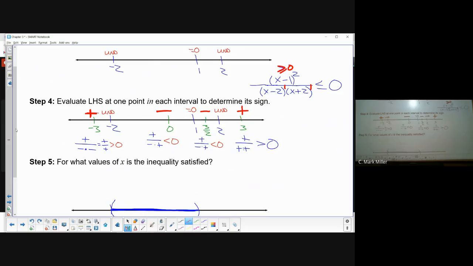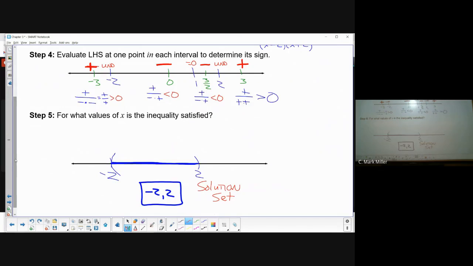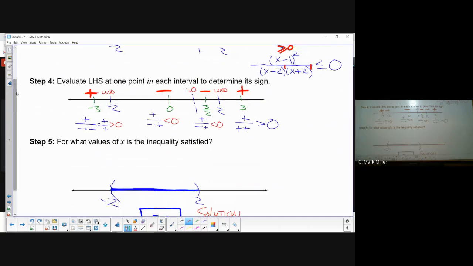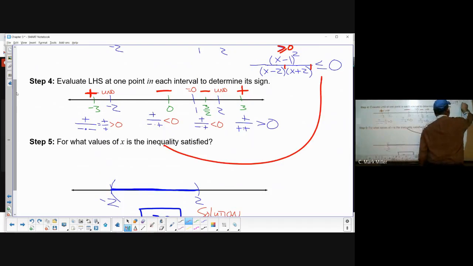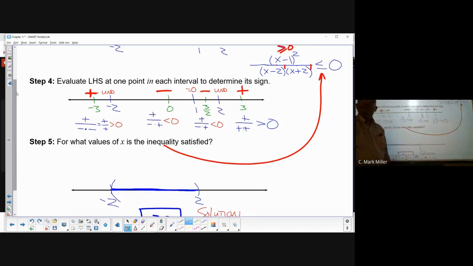All right? Then for our answer, we're just interested in where the inequality is satisfied. The inequality is this right here. Where is that satisfied? Where up here is it less than 0, and where is it equal to 0?